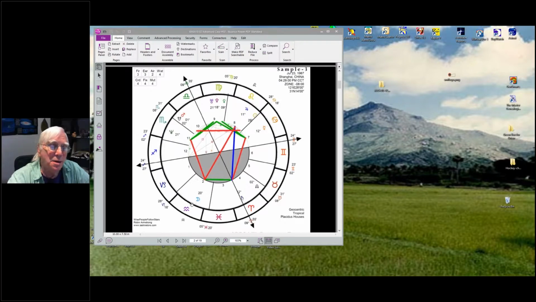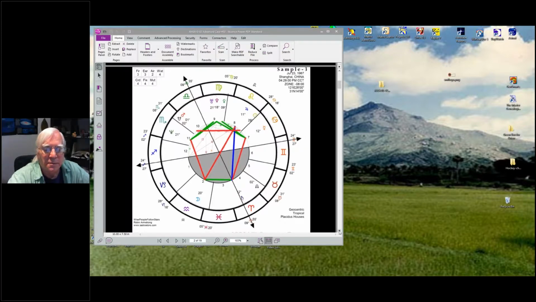And on a personal level, my personal world is more reserved. Right now we're looking at the sun, moon, and the ascendant first. I just started from there.